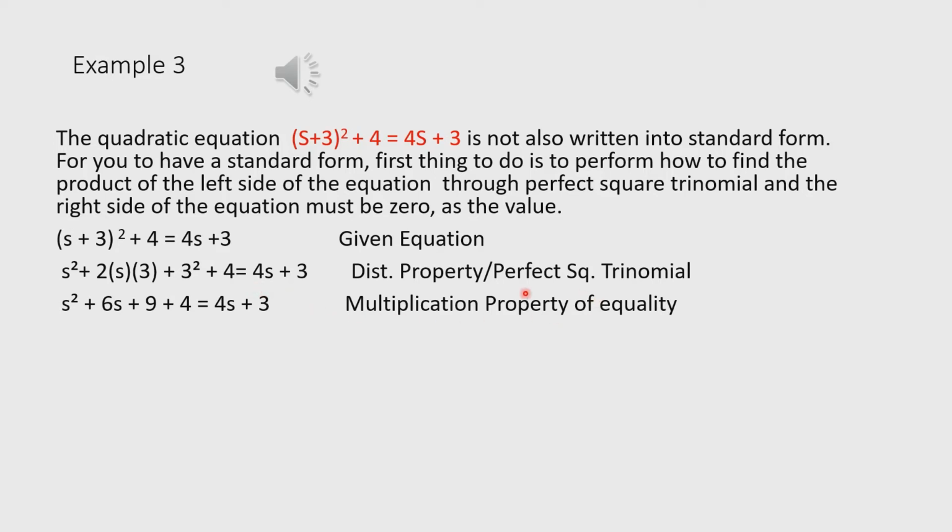By using the property of equality again, that becomes s squared plus 6s plus 9 plus 4 equals 4s plus 3. Then by the addition property of equality, it becomes s squared plus 6s plus 13. This 13 is coming from 9 plus 4.